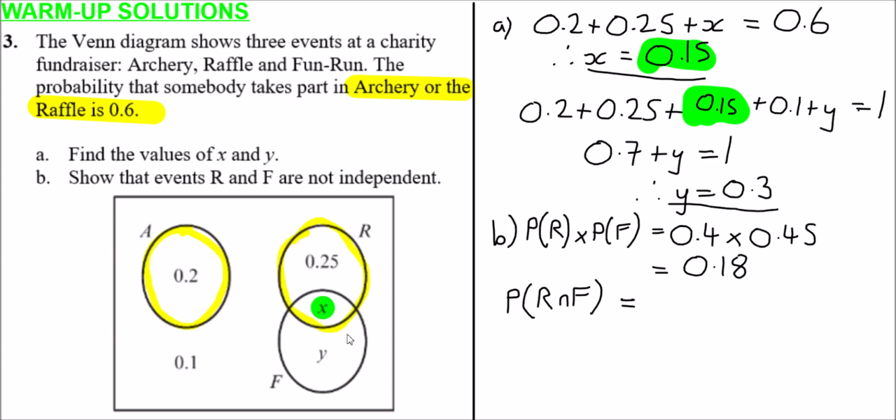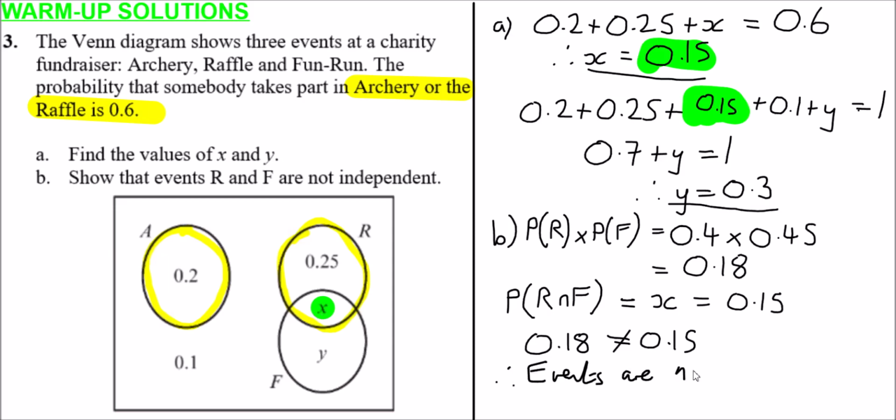Now they intersect where this x is, and so the probability of R and F is x, and x we've worked out is 0.15. So 0.18 is not the same as 0.15, and this therefore shows us that the events are not independent. Events are not independent. And then we've done the warm-up.